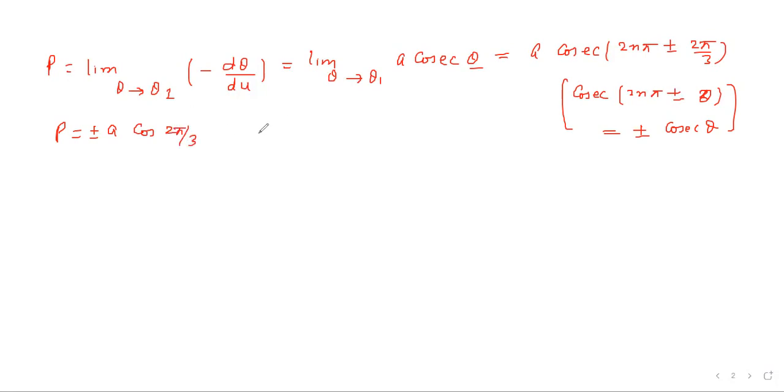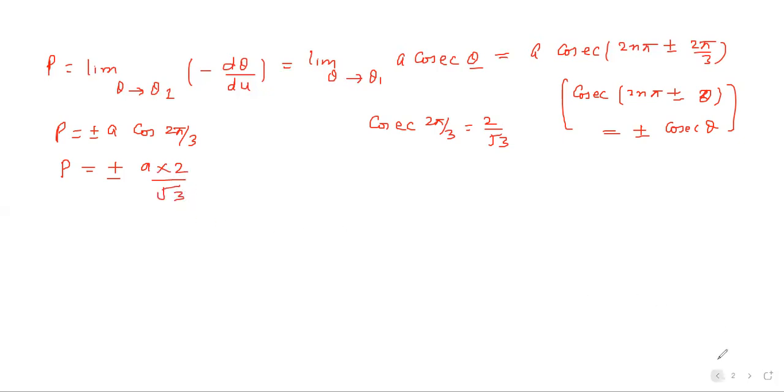And then we put the value of cosec 2 pi by 3, which is equal to 2 by root 3. So our value of p will be equal to plus minus a times 2 divided by root 3.